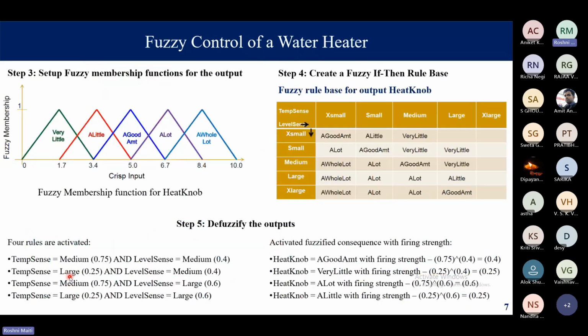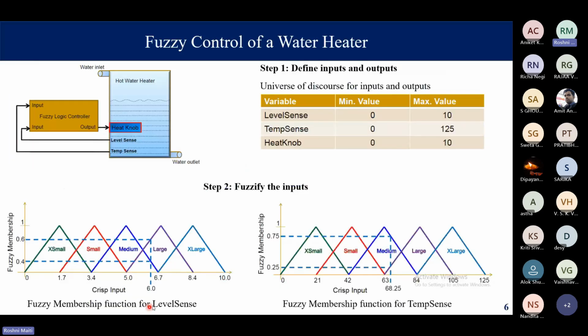And for this one, the level sensors will again have two combinations. If again we see the previous slide, we can see the level sensors have two values, that is 0.4 and 0.6.